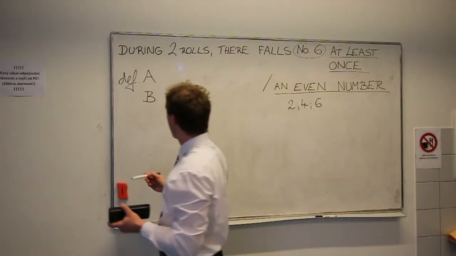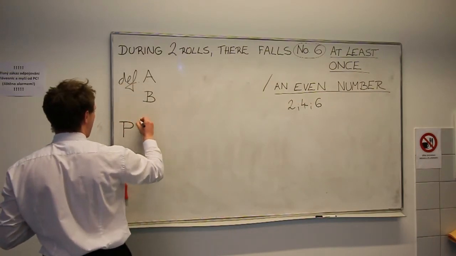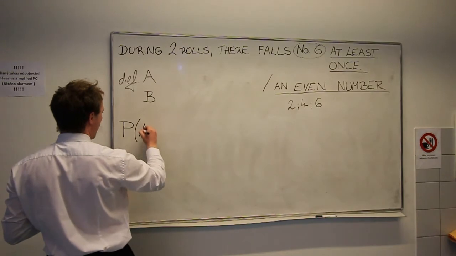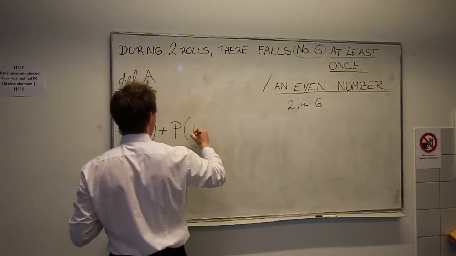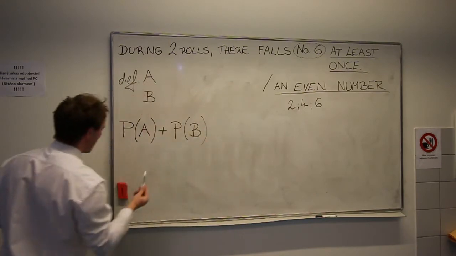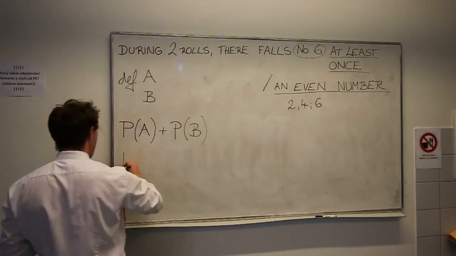Yes? So it's not possible to write only probability of A or probability of B. Yes? I will rewrite this to statistical form.